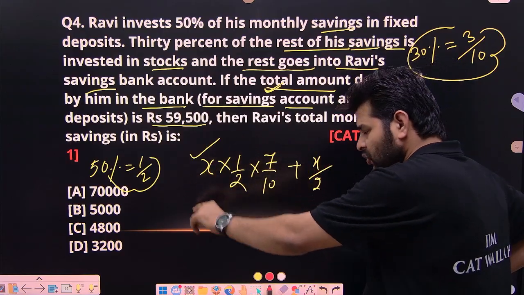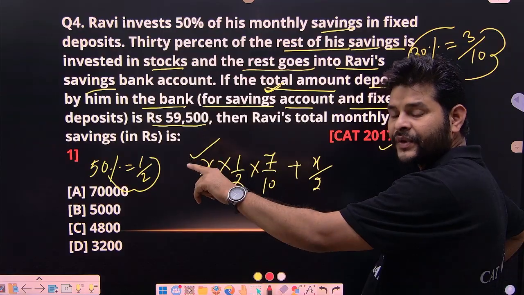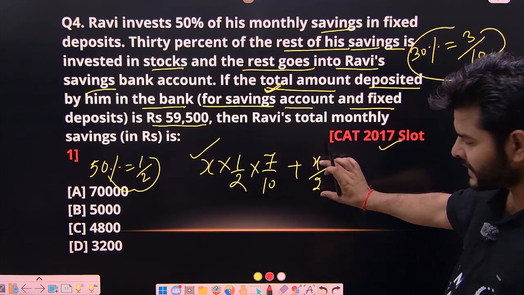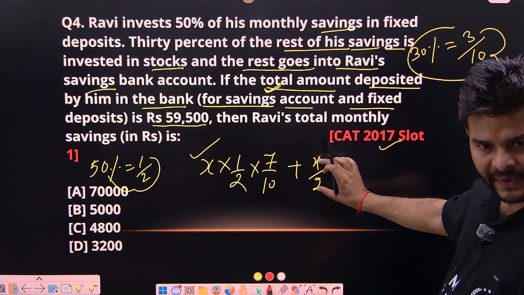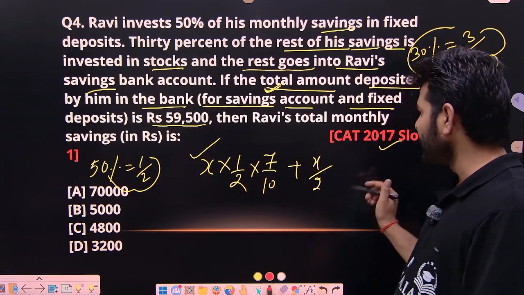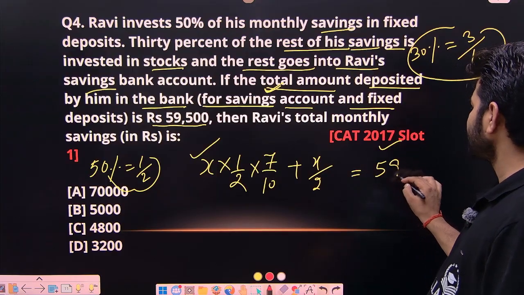So this is the total amount which he has deposited in the banks. The total value has been given as 59,500.